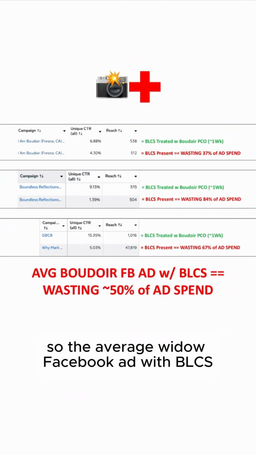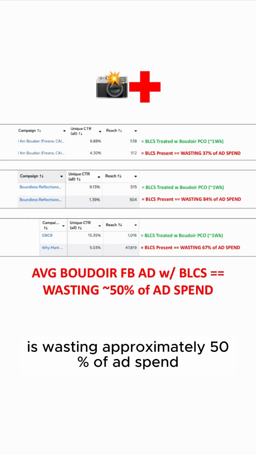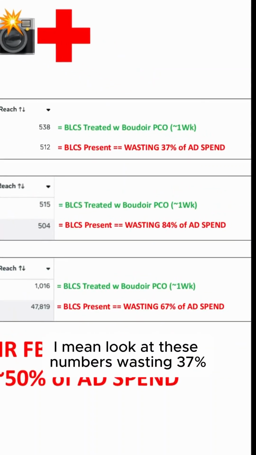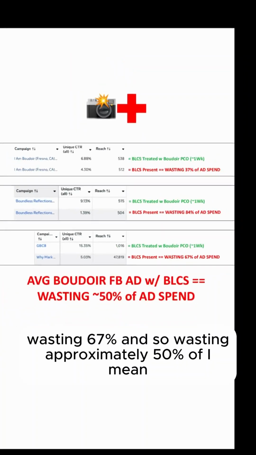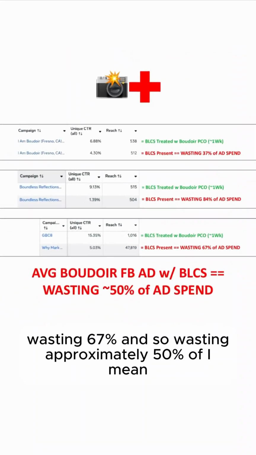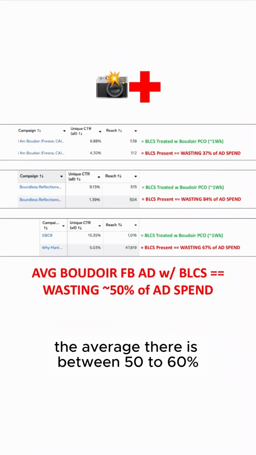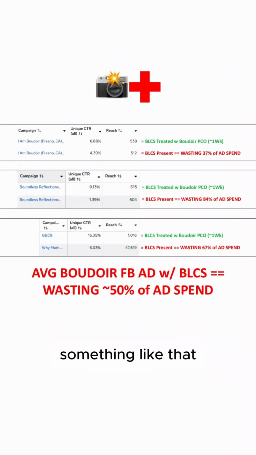So the average Boudoir Facebook ad with BLCS is wasting approximately 50% of ad spend. I mean, look at these numbers: wasting 37%, wasting 84%, wasting 67%. So it's wasting approximately 50% of it. The average there is between 50 to 60%, something like that.